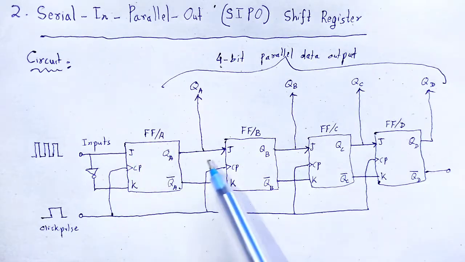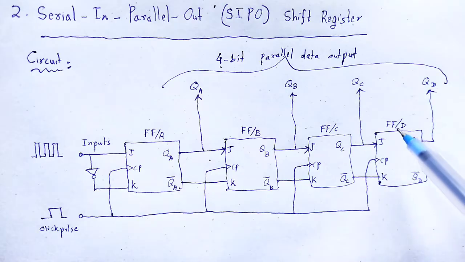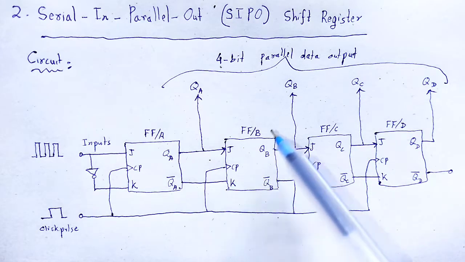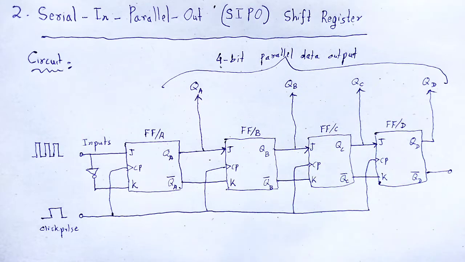The 4 flip flops, flip flop A, flip flop B, flip flop C and flip flop D, are wired to give a 4-bit parallel register.